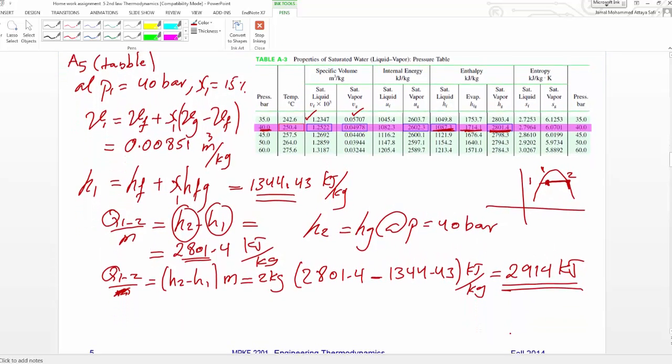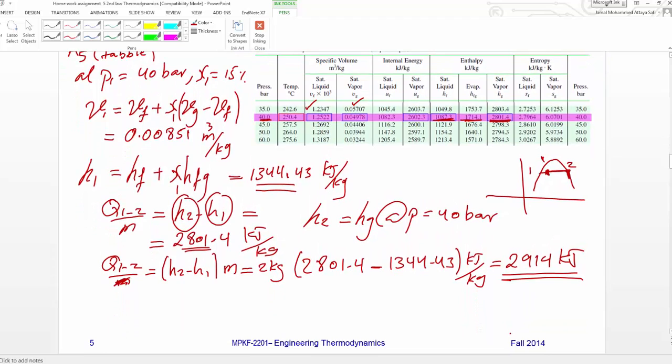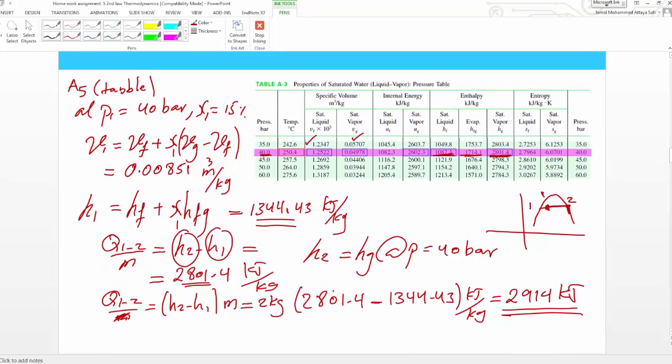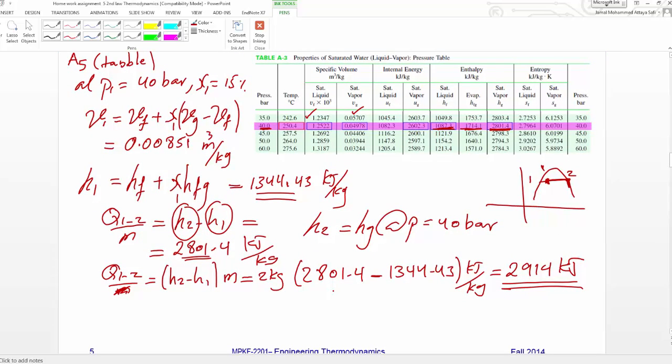Now I need to calculate the work 1 to 2. Now I can do either, because remember, we started writing the first law of thermodynamics as Q divided by m, or I can write Q 1 to 2 minus work 1 to 2 equal to the mass multiplied by U2 minus U1. This is where we started.